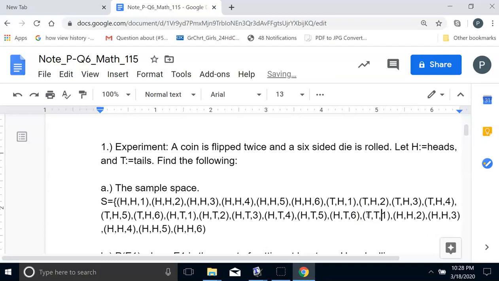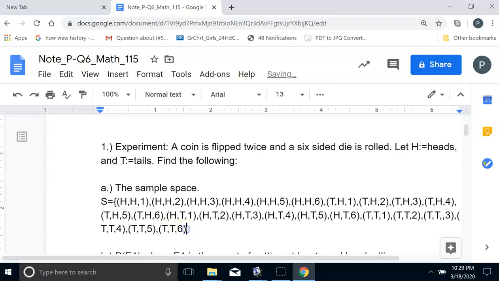Tail, tail 1, tail, tail 2, tail, tail 3, tail, tail 4, tail, tail 5, and lastly tail, tail 6.